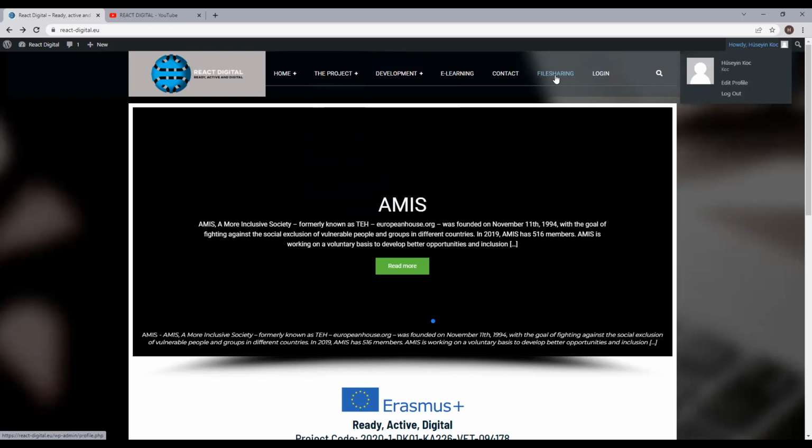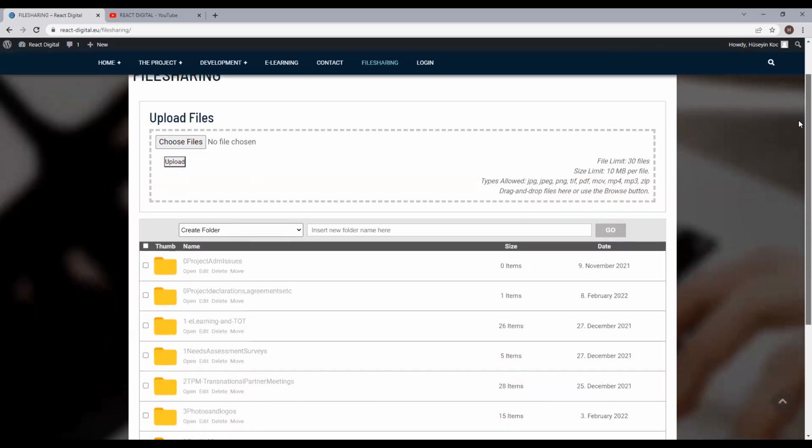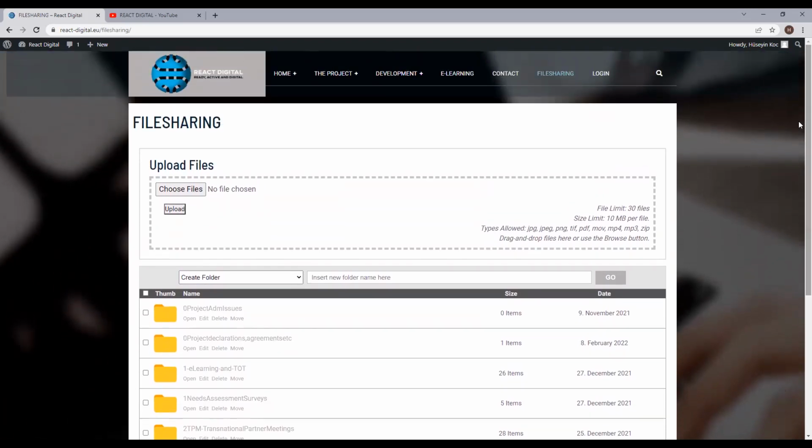So for this, file sharing. As you're logged in on the site, we get here file sharing. If you look, you can't see from here, but each file has sub-files.